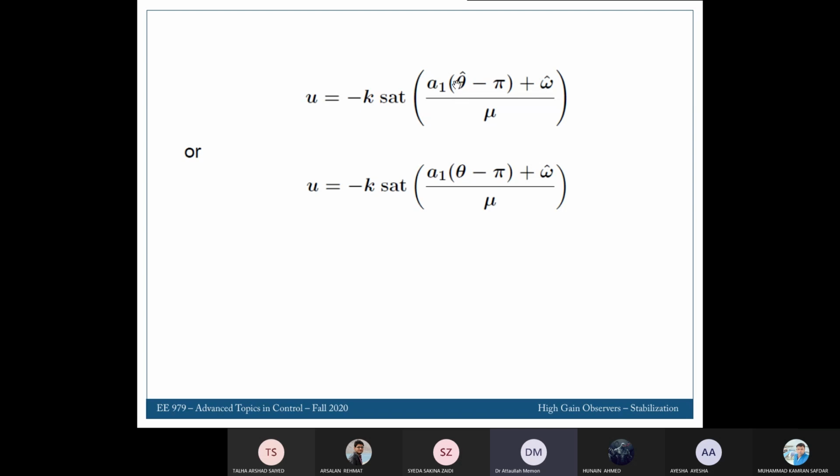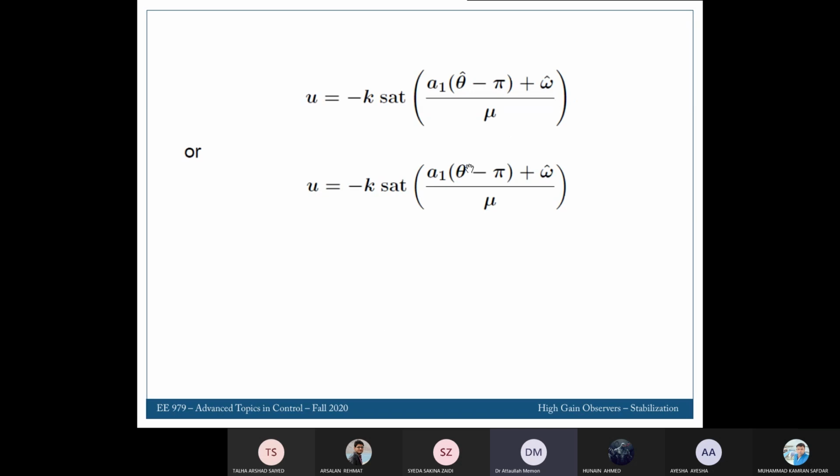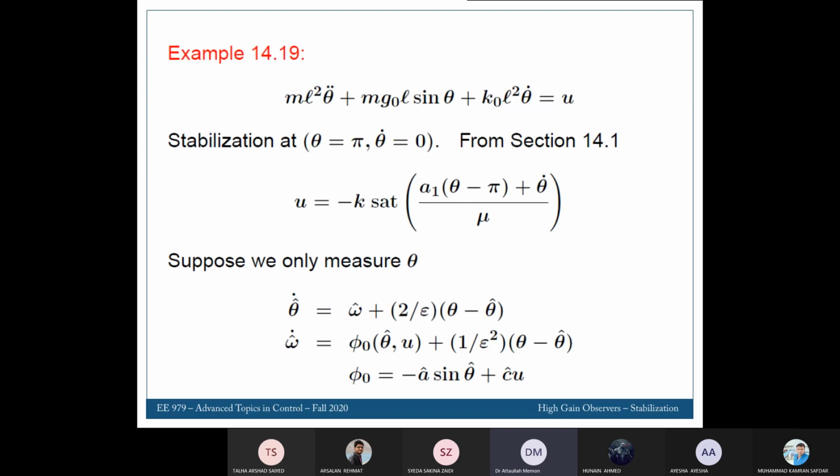If you use the estimate here and the estimate here, then you do not need measurement as well. But if you're measuring anyway, you can use the measured value that will probably give you more accurate values. But in all these cases, it is expected that your observer would give you a sufficiently close, ultimately bounded performance by the bound epsilon.